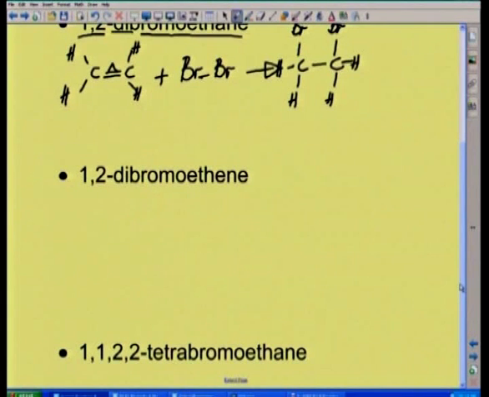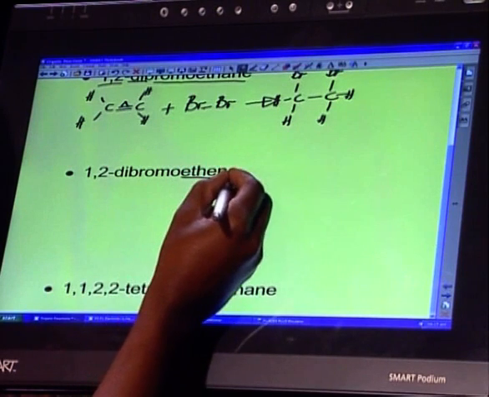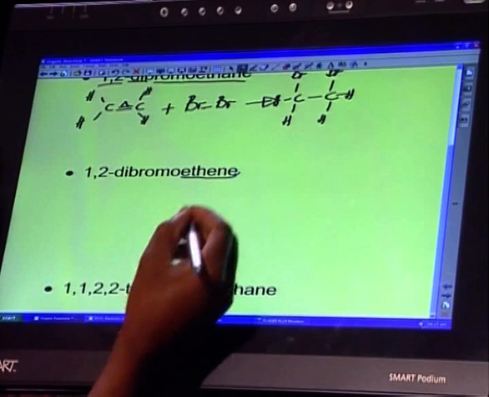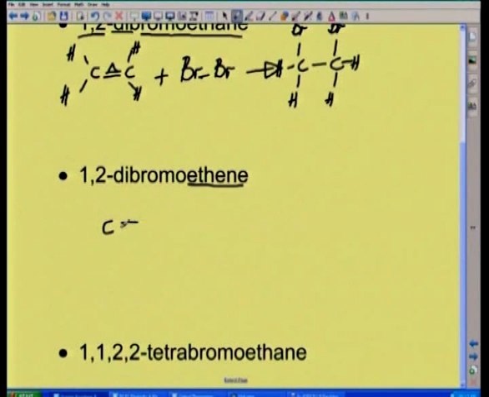Right. Moving on, we're looking at this one here. 1,2-dibromoethene. Now, if I am coming down to ethene, I must be from ethyne. So that would mean I would have one molecule of ethyne having a triple bond between carbon atoms, and that is what I initially had.